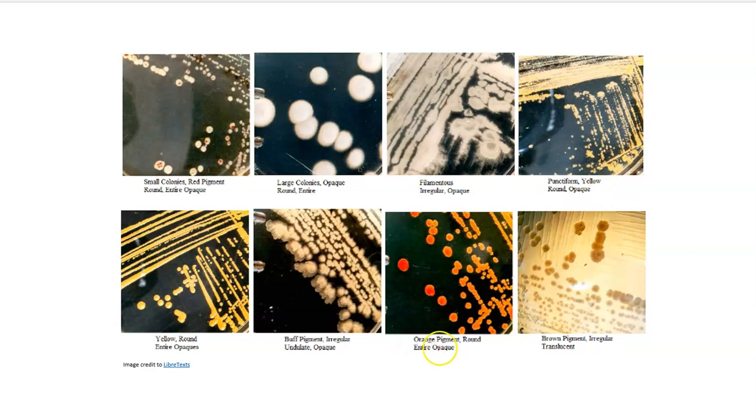Down here we have some orange colonies that again are round and have that entire or smooth margin with an opaque color. We also have some here that are brown and have an irregular shape versus a perfectly round shape and have more of a translucent coloring. So it is helpful just to look at these different colonies and identify some of those colony morphology terms.